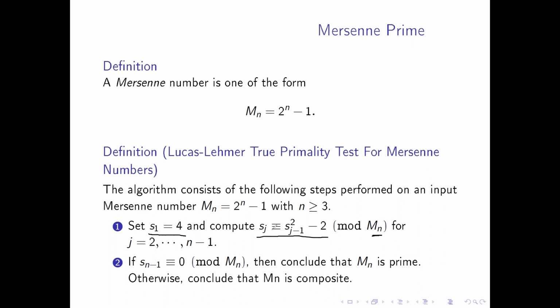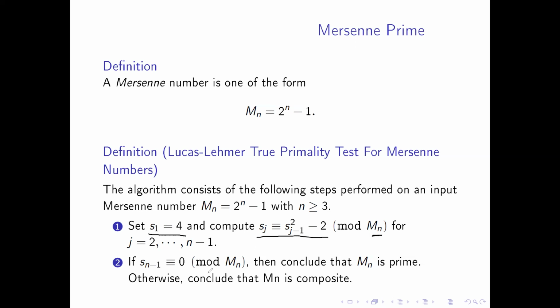Then we take that number squared minus 2 to get the next term in the sequence, until we get up to n minus 1. This is a recursive function. I repeat it n minus 2 times, and then I check that last one to see if it is congruent to 0.